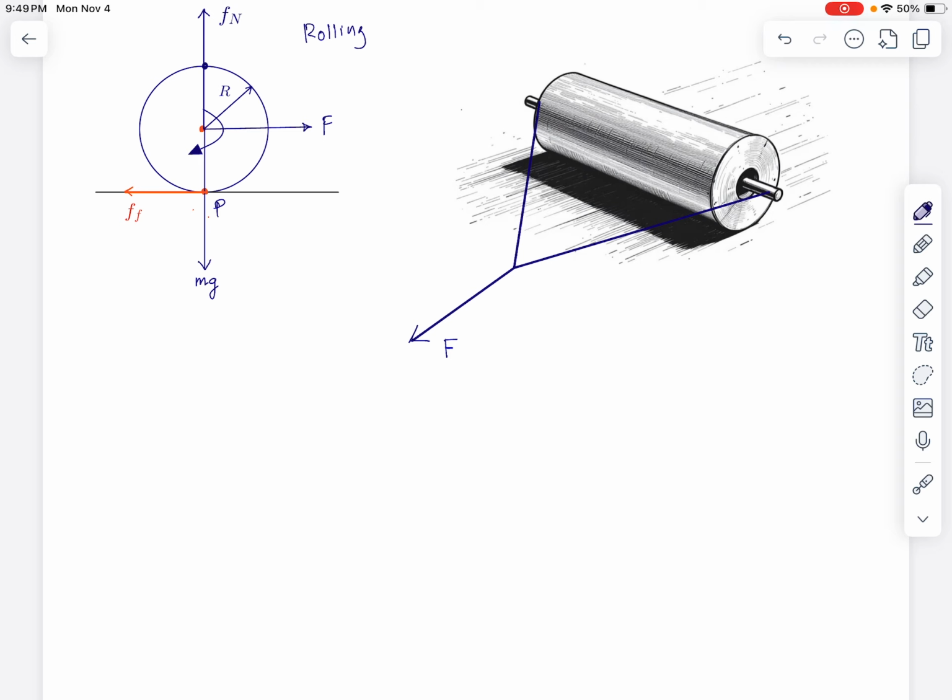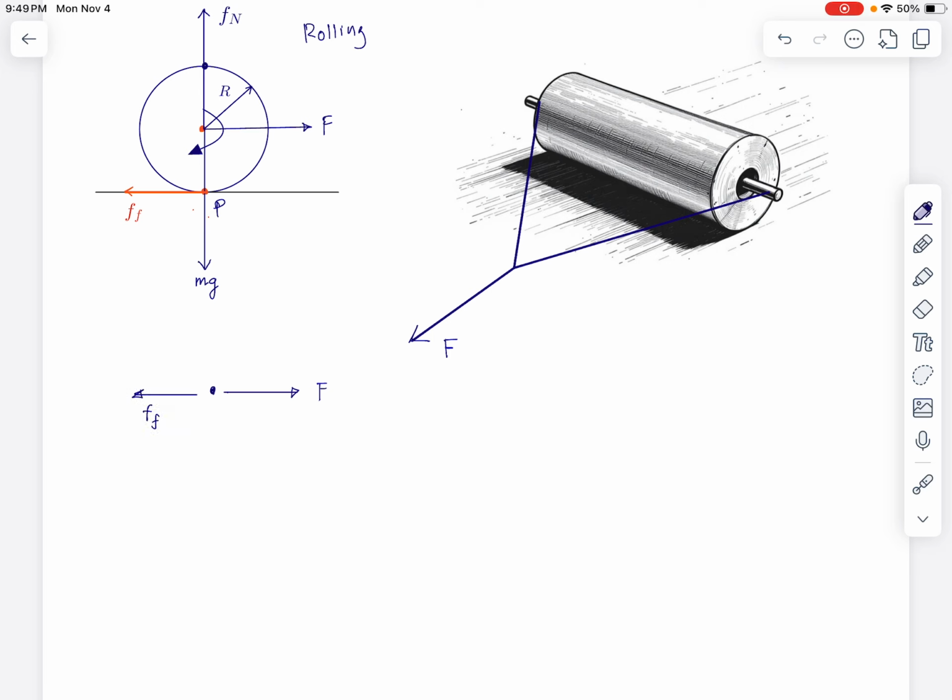Now, for the purposes of linear motion, we will consider the cylinder to be a point. The force towards the right is the applied force, and the force that's resisting motion is the frictional force.